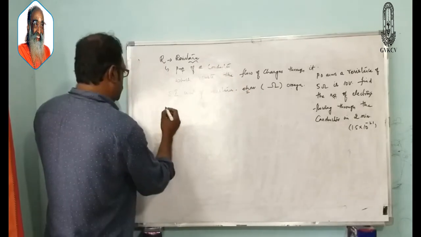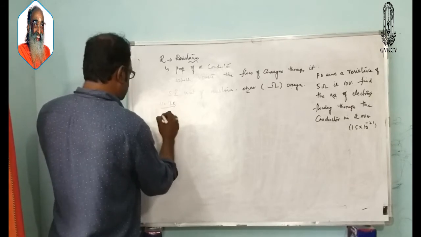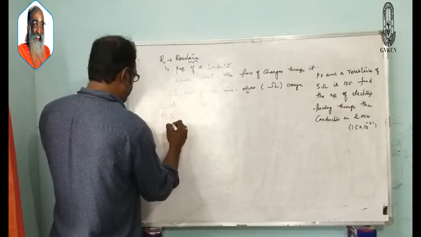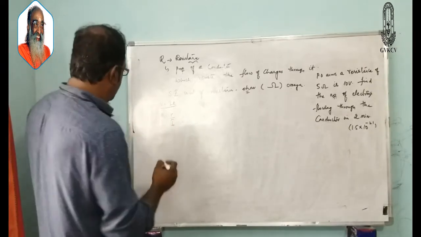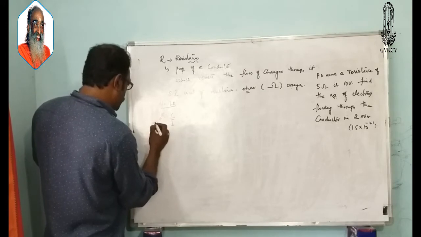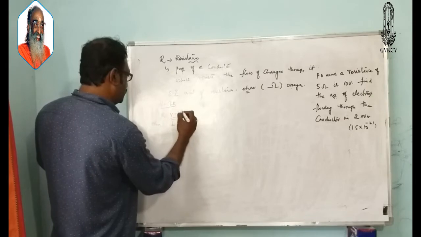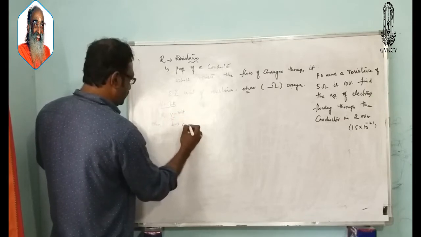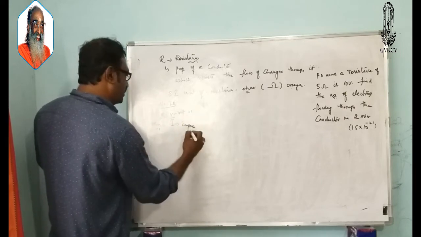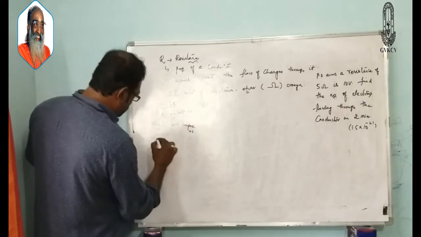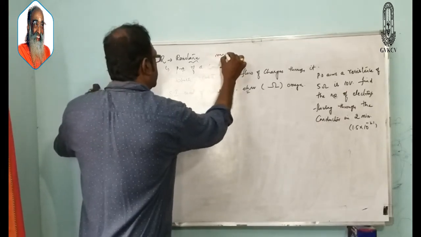Already you know from the expression V equal to IR, R is equal to V by I. From this we can define ohm. This resistance is in ohm, V is in volt, and I is in ampere. And the resistance is denoted by the symbol of a zigzag line.